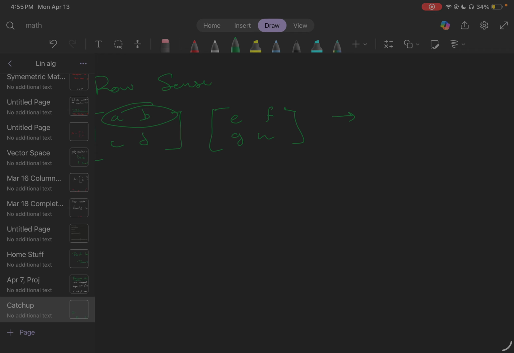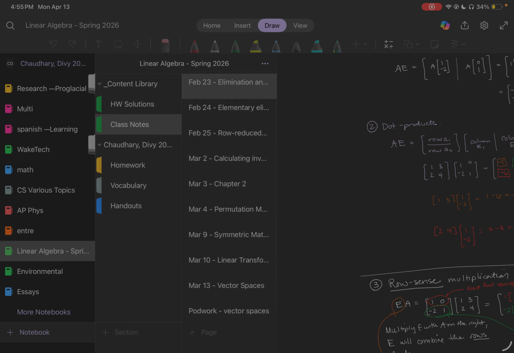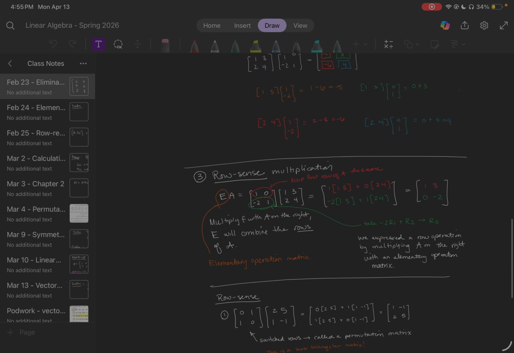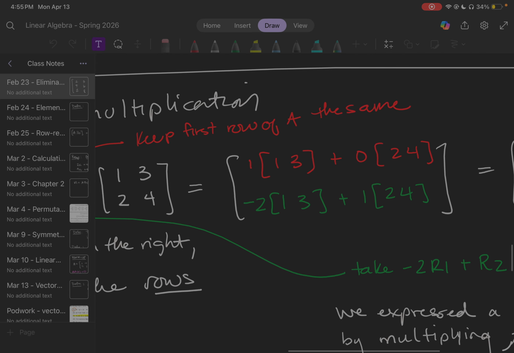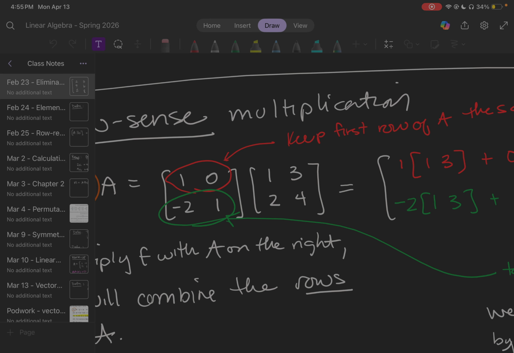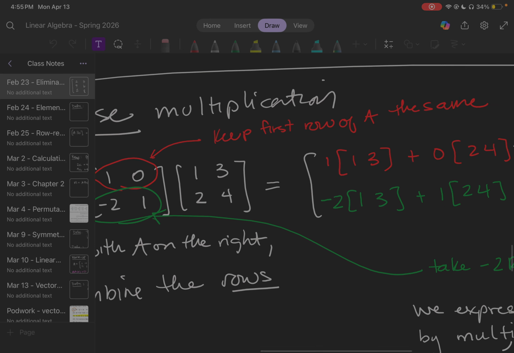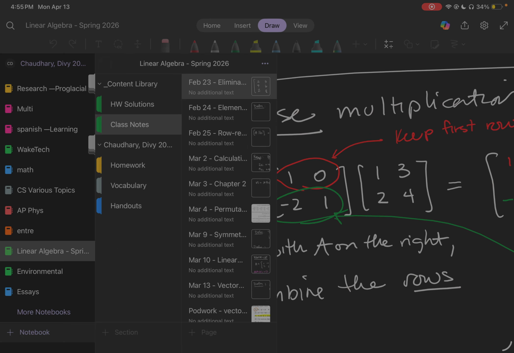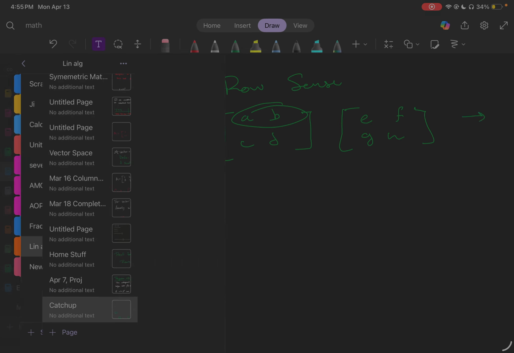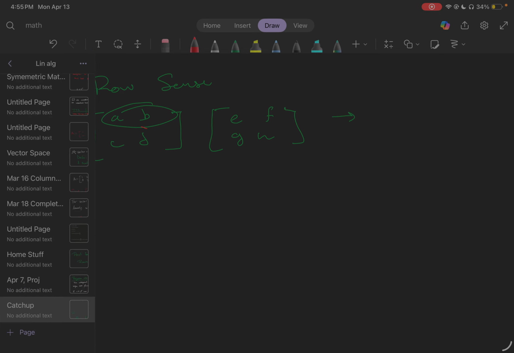What do I mean? Well, let's go back to our notes. We see over here, they multiplied the first row and added it to the second row as well. So regardless of where we're multiplying, we're taking each row independently and adding it to each side of the matrix.